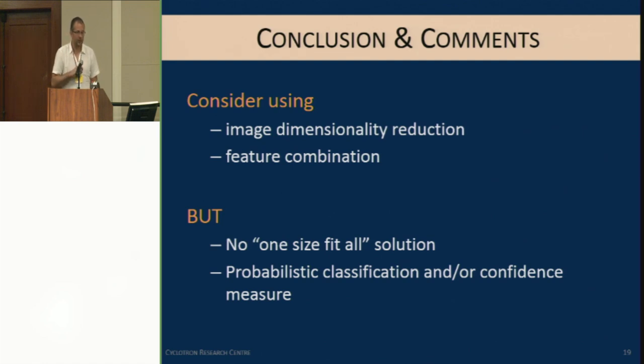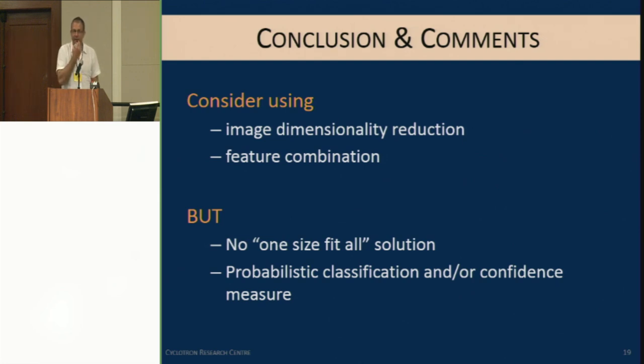When you're dealing with clinical applications, it would probably be more interesting to use machines that output a probabilistic classification. SVM gives you a hard classification, but other algorithms like Gaussian processes would output a probability of being in one category or the other, and sometimes also a confidence measure.